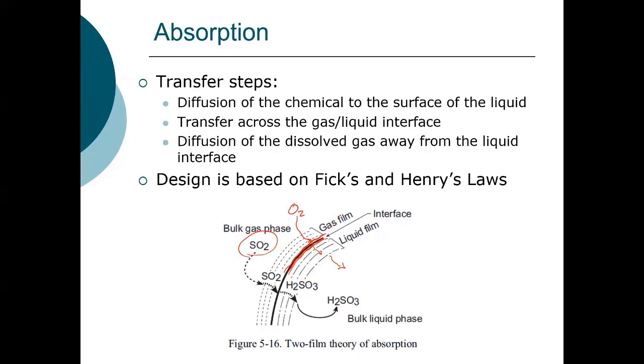Or it can be the opposite, in which case it's diffusion from within the liquid phase, and then mass transfer across, and then diffusion into the gas phase. If we can mix this, we can increase the rate at which that chemical approaches the interface.